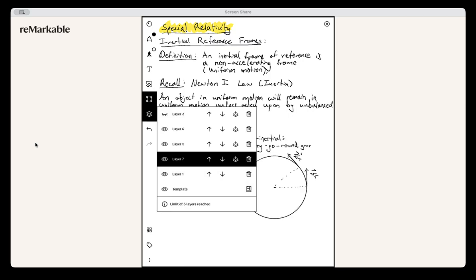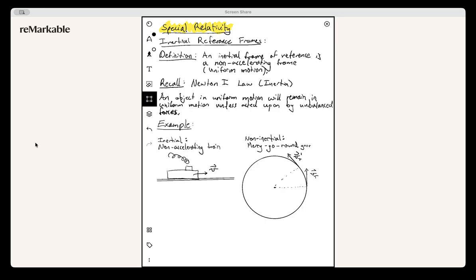Right, so what are some examples of inertial reference frames? So if we consider here on the left, we have got a train which is traveling at a constant velocity v to the right. And let's say our frame of reference is we're standing on the train platform. So from our view, it's traveling at this constant velocity, but we can change to the actual reference frame of the train itself.